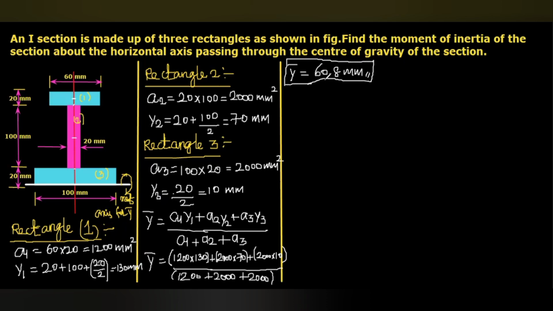Okay, so here you can see this is 20 and this one is 50 from this point. We know that the x axis, that means the center of gravity of the section, will be less than this one, 60.8.